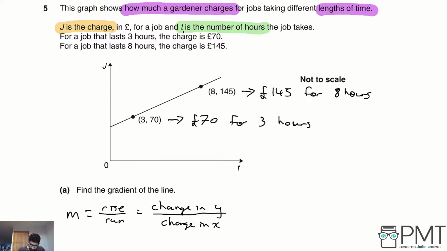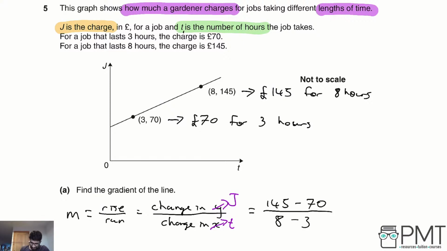But remember, here we don't have x and y, we have got J and T. So to calculate that, we do what Isabella said: 145, which is one of the J values, minus 70, divided by 8 minus 3.